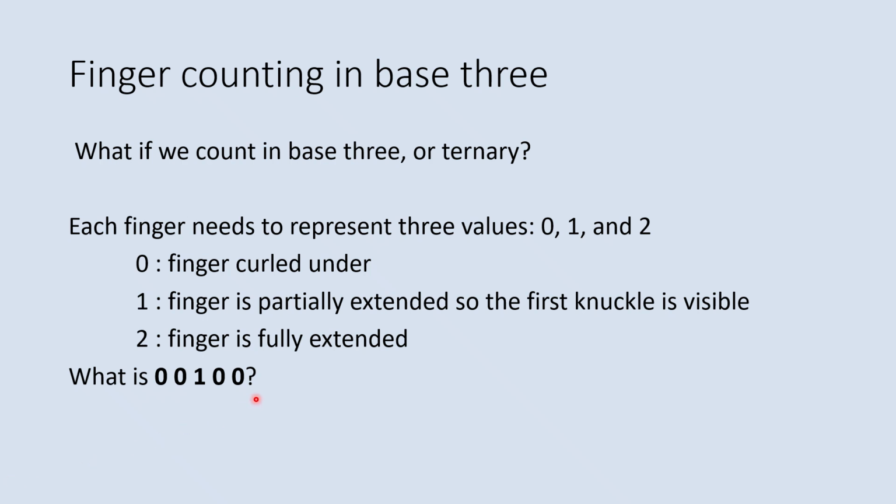So if you had, say, your middle finger partially extended, this would correspond to no 1s, no 3s, and 1 9. So partially extended middle finger would be the number 9. Fully extended middle finger and everything else closed under would be 2 9s, so that would be the number 18.